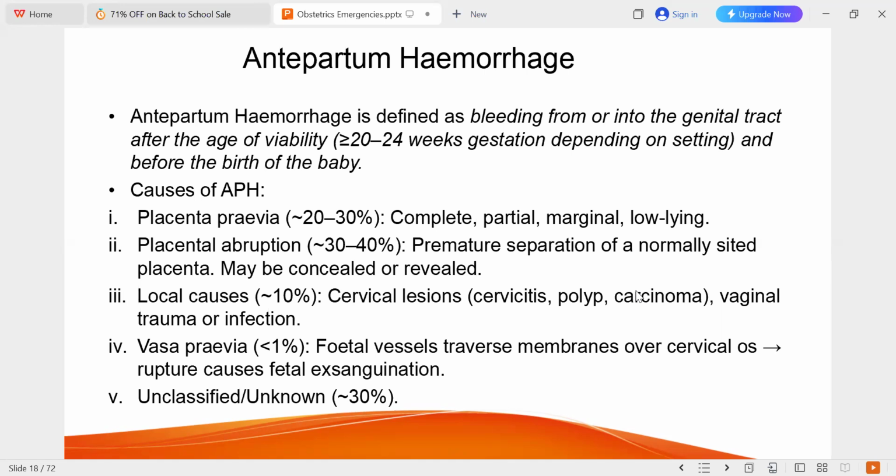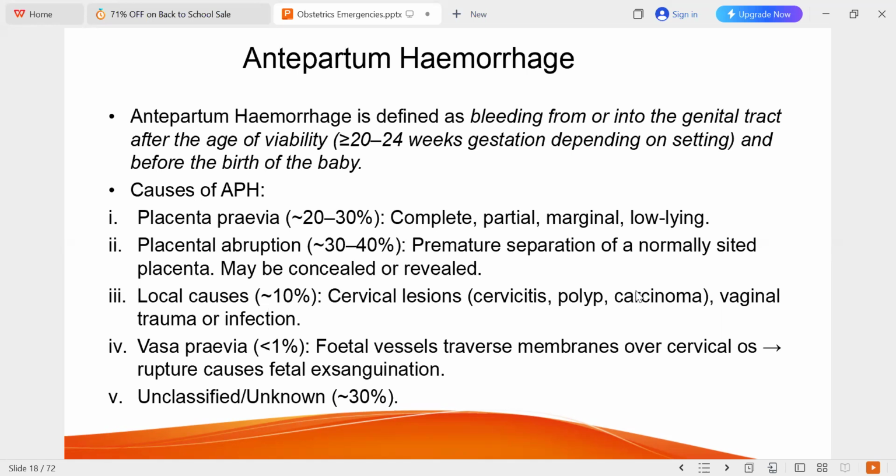Common causes are placenta previa, of different types. It can be complete, partial, marginal, low lying. Placenta abruptio, 30 to 40%. The problem of placenta abruptio is that the bleeding may be concealed, so a high index of suspicion is very important.